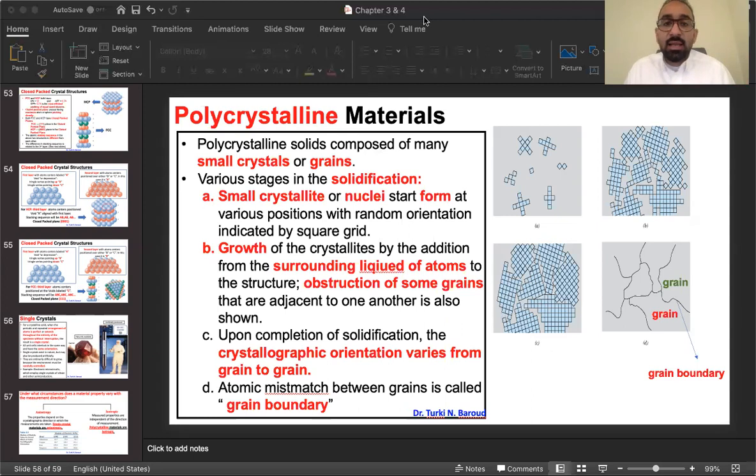This line is going to continue here, and this line is going to continue here, so all the square grids will come next to each other without any interruption. This is called single crystalline. But in polycrystalline material there will be some interruption. There will be grain boundaries between them, and each grain has a different orientation. Okay, I'll stop here.